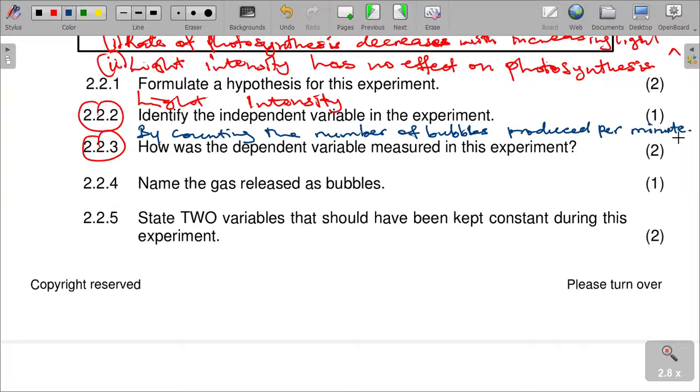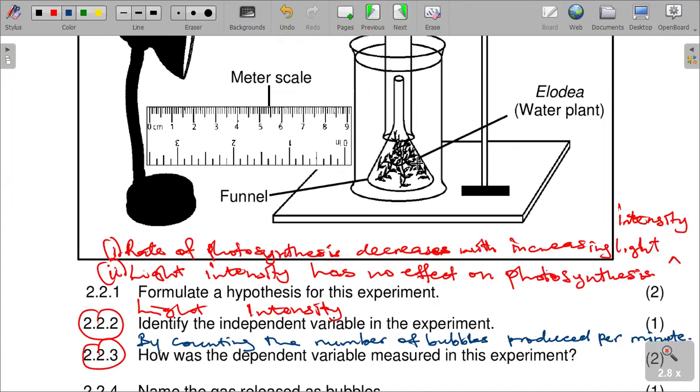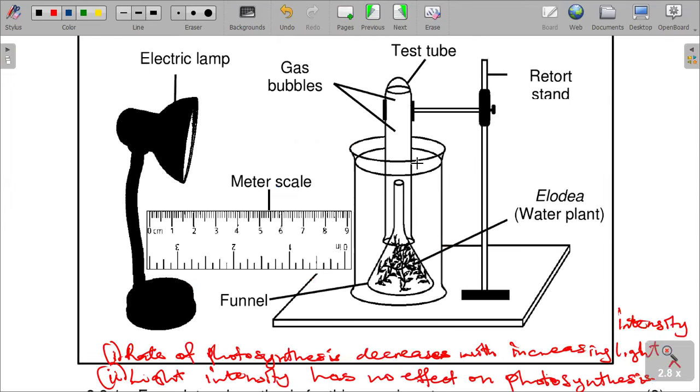By counting the number of bubbles produced per minute, and then name the gas released as bubbles. Obviously, you see that the gas that is released as bubbles, we can say this is the gas.